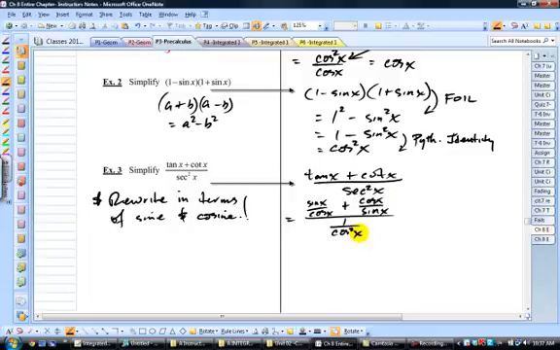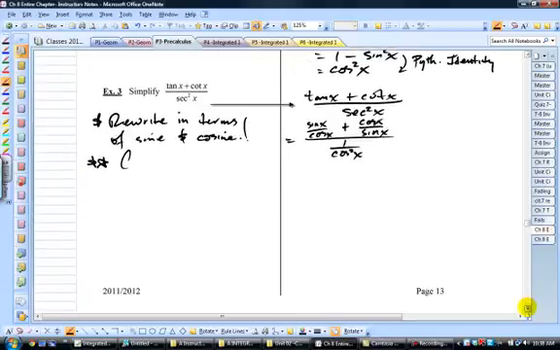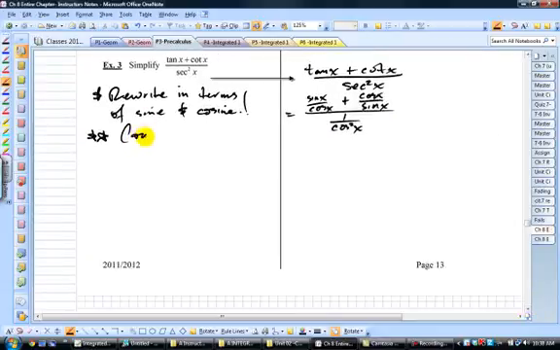Now I have to combine fractions. So secondly, I've got to combine fractions. Now when I do that, let me share something with you here. When I combine the numerator here, I use an old school technique called the 3-product rule.